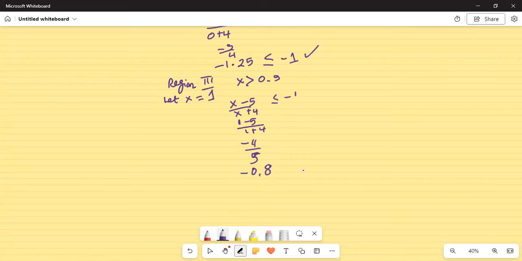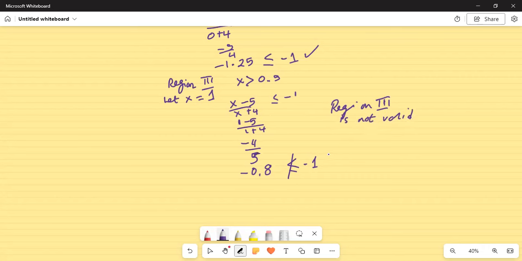So that is definitely greater than my minus 1. Remember, minus 0.8 is greater than minus 1. So region 3 is not valid.